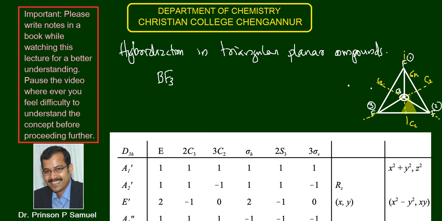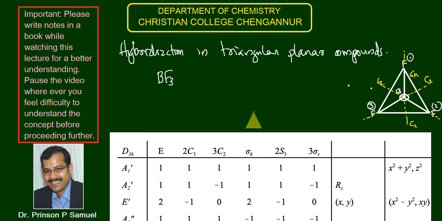So even if the axes of C3 and S3 are the same, the operations are different. And these are the symmetry elements present in boron trifluoride or any triangular planar compound like this.